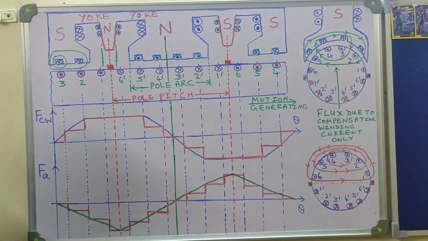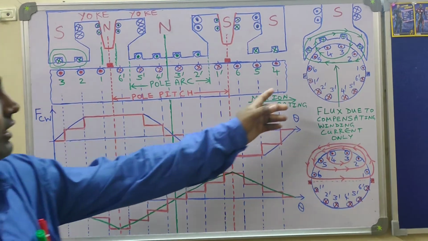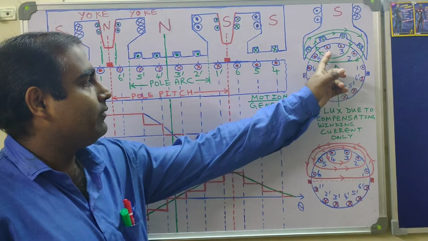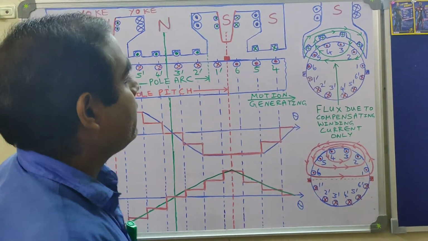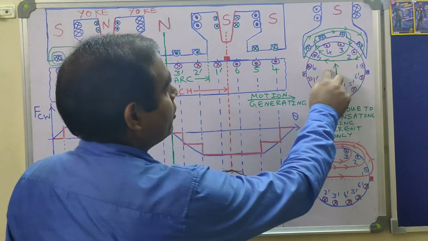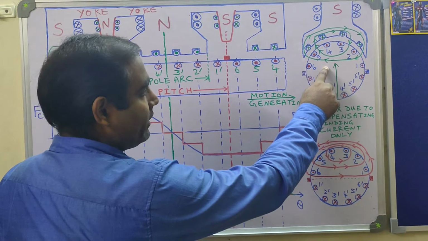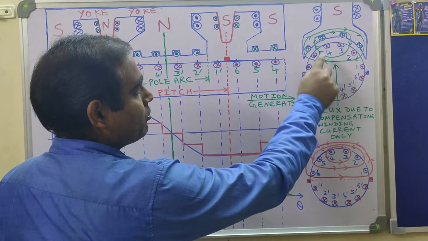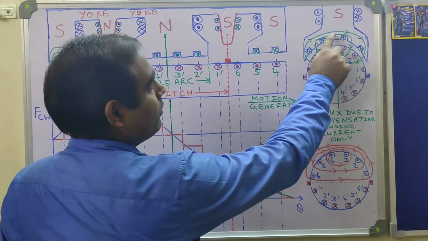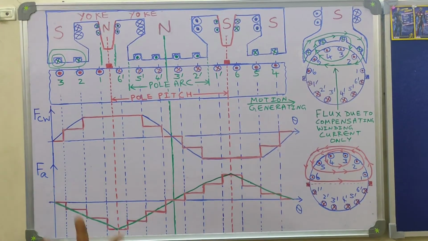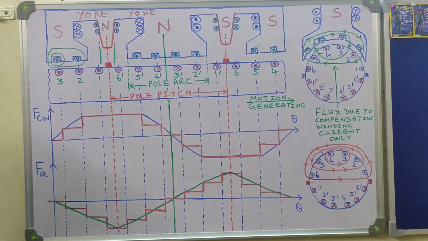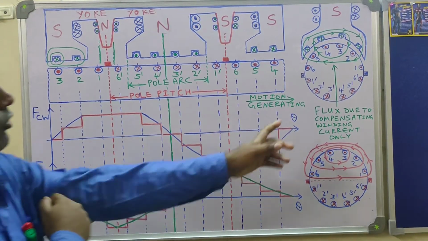that the armature conductors numbered 6, 5, 4, 3, 2, 1 will have dot polarity, and the compensating winding conductors, which are placed in the slot cut on the pole face, will have cross current. Let us quickly review whether it will be dot or not.